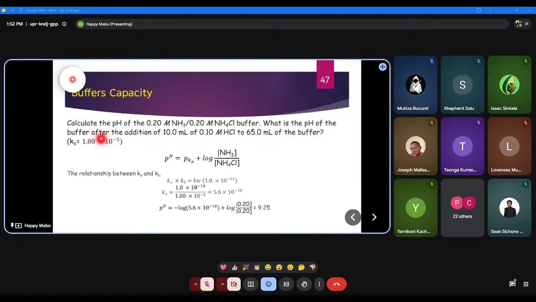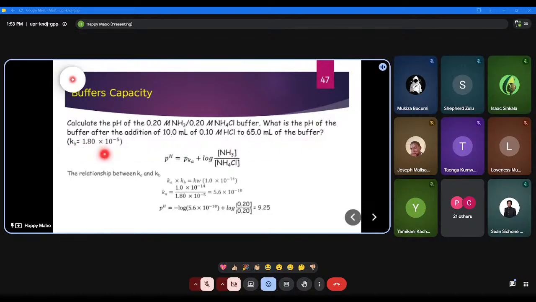What is the pH of the buffer after the addition of 10.0 mLs of 0.10 molar HCl to 65.0 mL of the buffer?